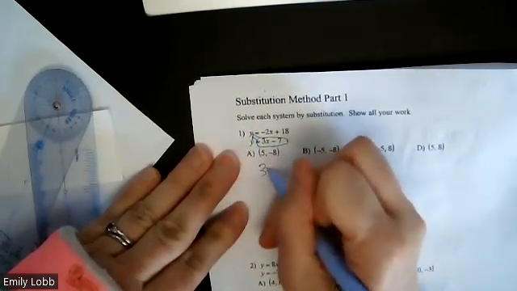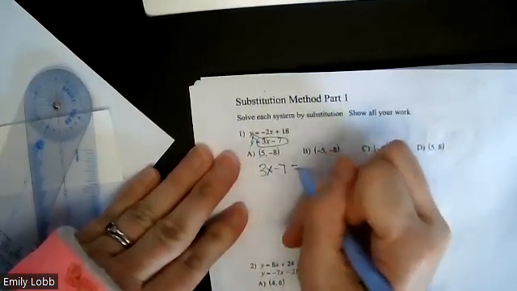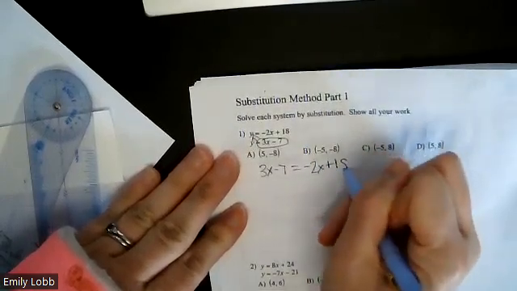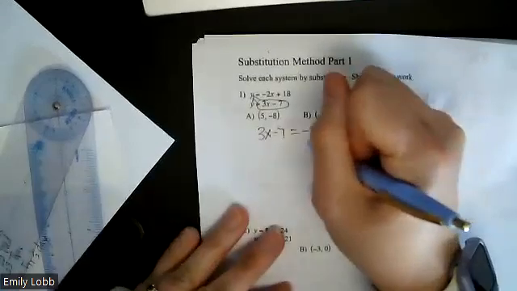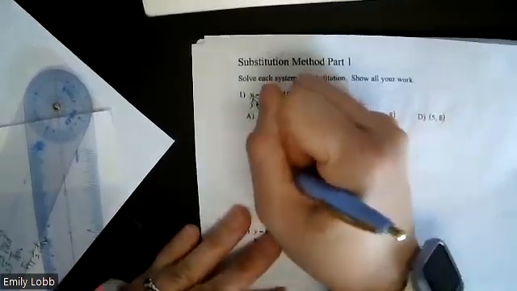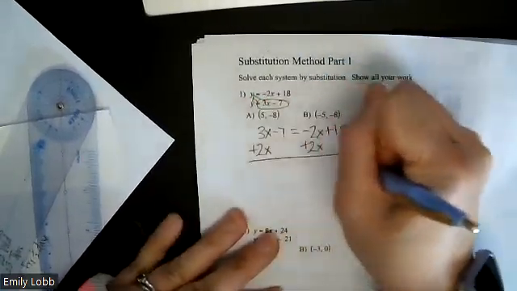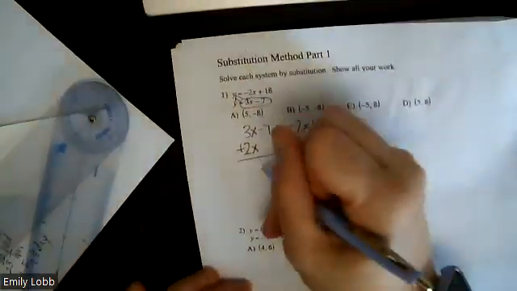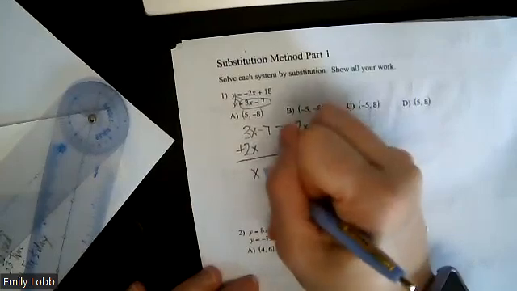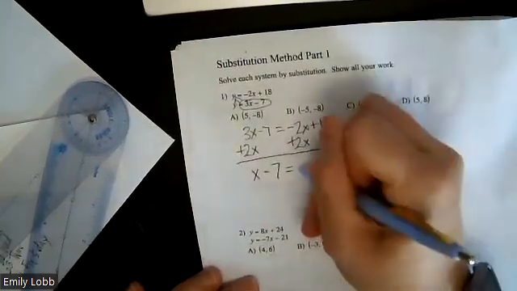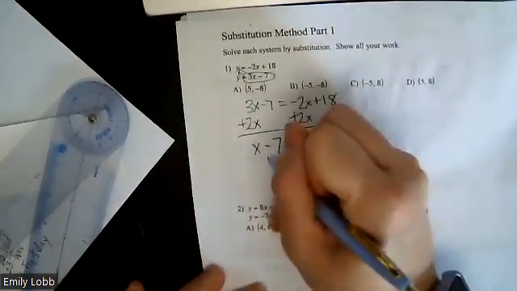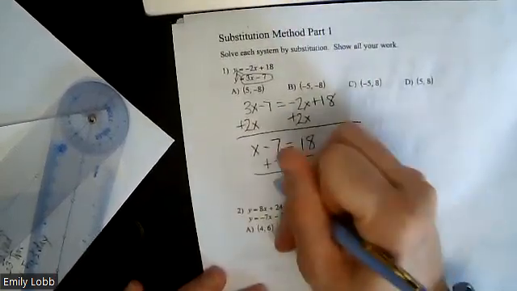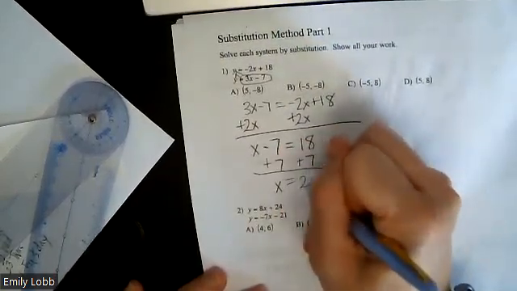So we have 3x minus 7 is equal to negative 2x plus 18. I would probably add 2x to both sides, leaving us with 5x minus 7 is equal to 18. When we add 7, we're left with what x equals. That wasn't so bad. So 25 here.